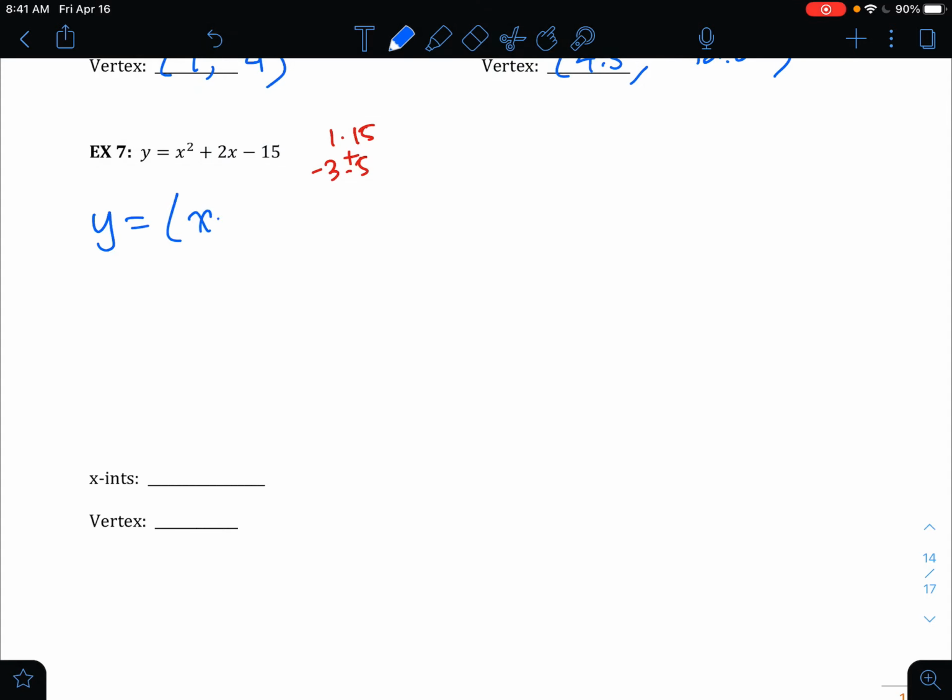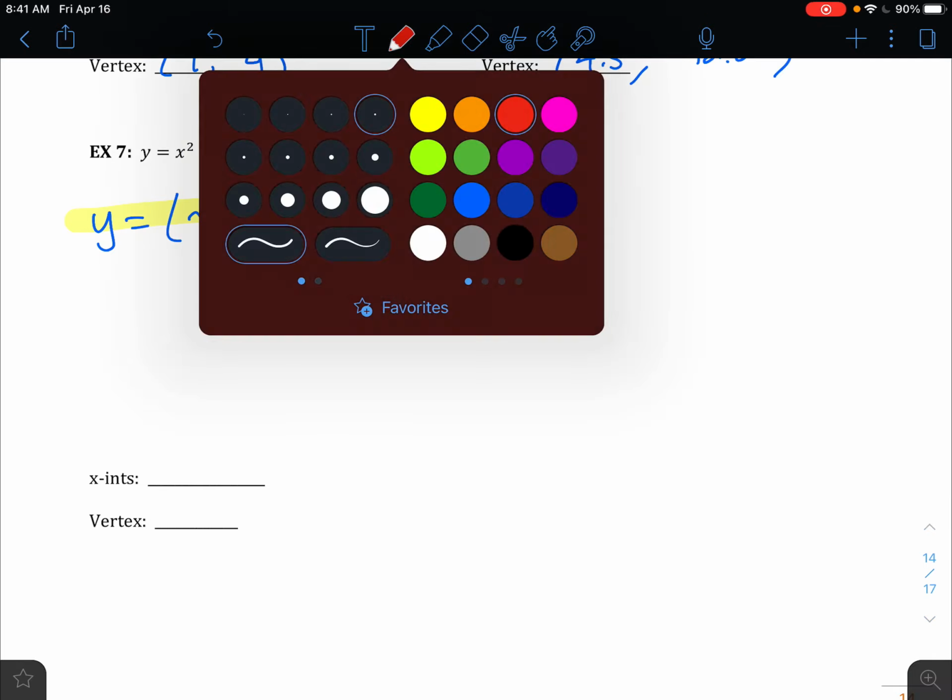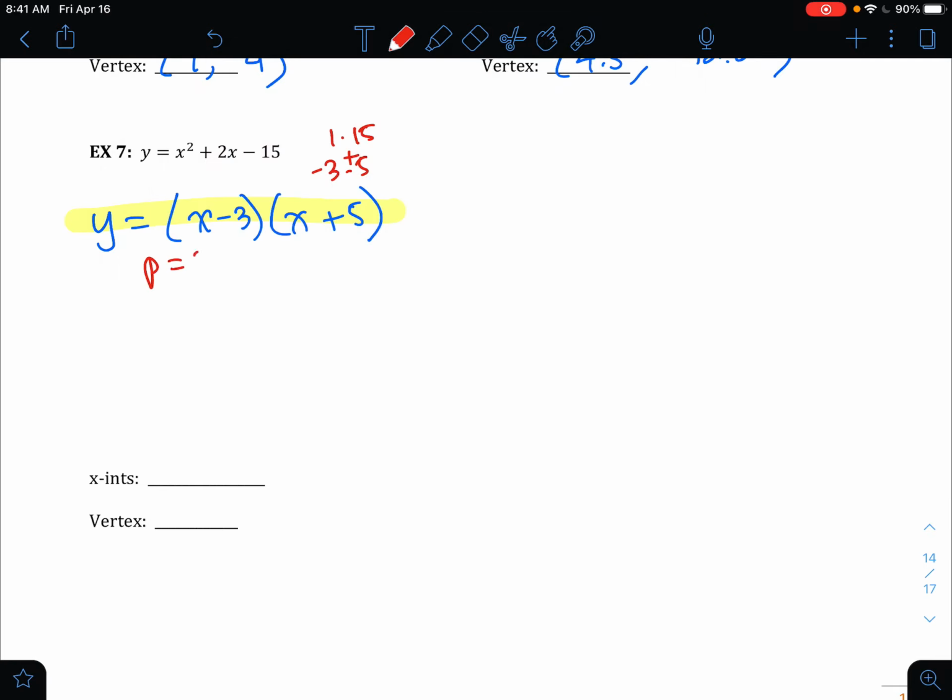All right, y equals x minus 3 times x plus 5. Okay, p-value: p is positive 3, q is negative 5. Okay, intercepts: 3, 0, negative 5, 0. Now calculate the vertex.